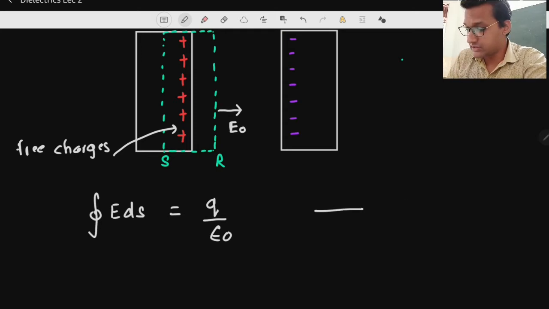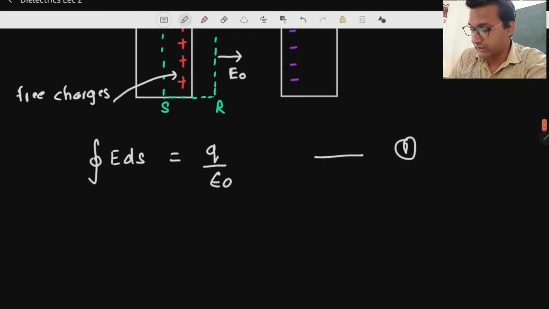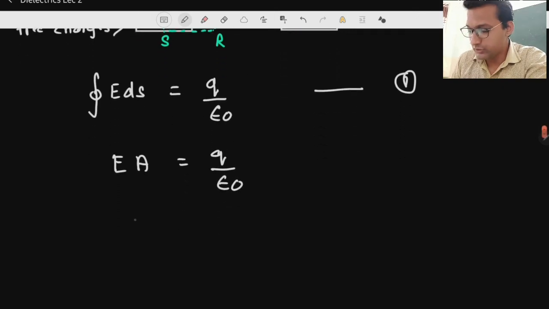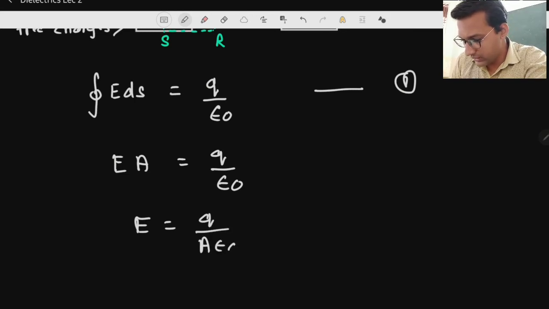Let us name this as equation number 1. Now if we integrate over this area, it will be A, the area of that imaginary surface, PQRS. So we have EA is equal to Q upon epsilon 0. Therefore, E is equal to Q divided by A epsilon naught.